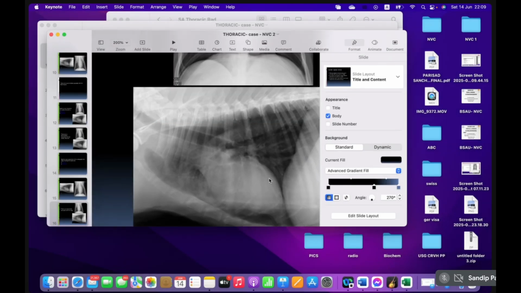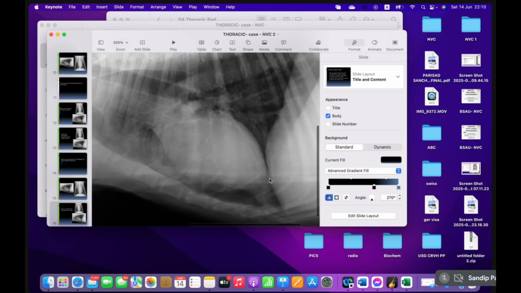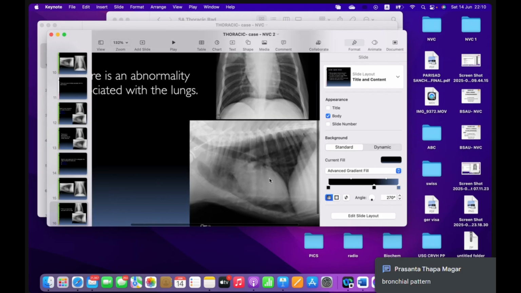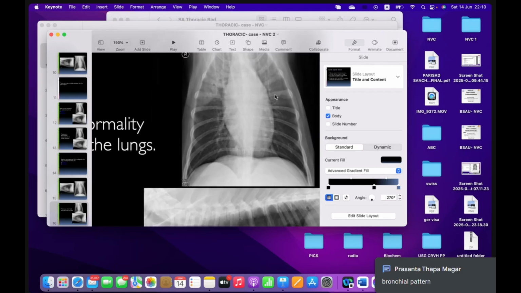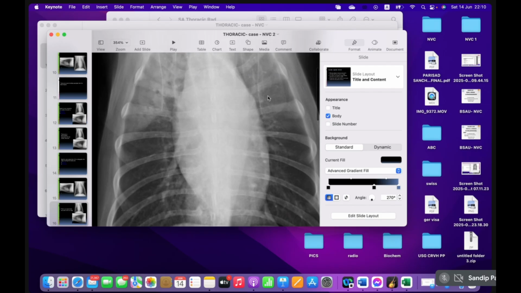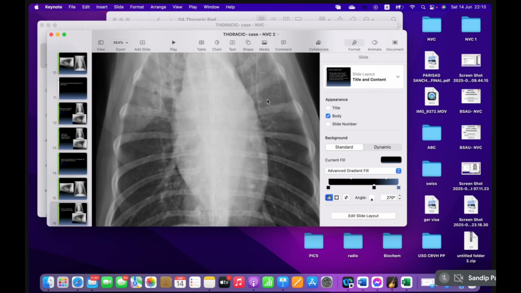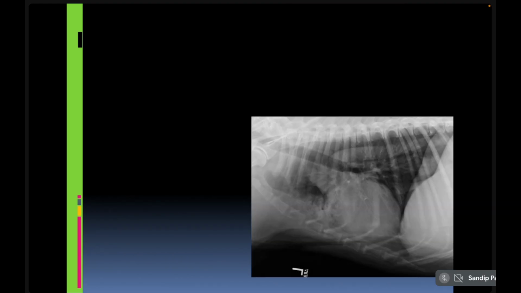So if you need to see, you can see here and here. Okay. So here, now let's see. Definitely there is something wrong with the lung tissue and vessel supply.